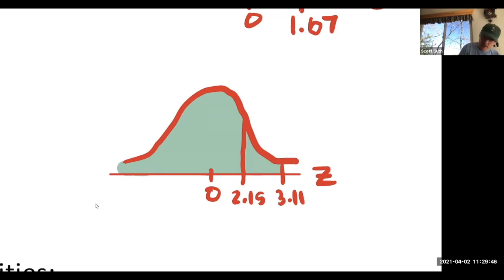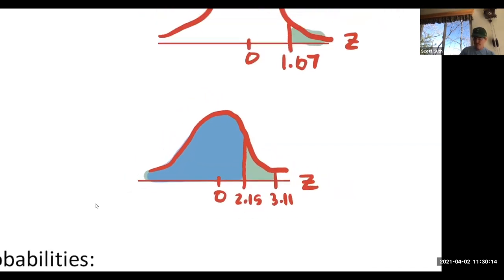Now, if you look up the 2.15 area, I should switch colors, because what you'll get with 2.15 is what I'm shading in blue. So what should I do with these two areas? 3.11 gives you everything to the left. That's too much. So what should we do with the 2.15 area?